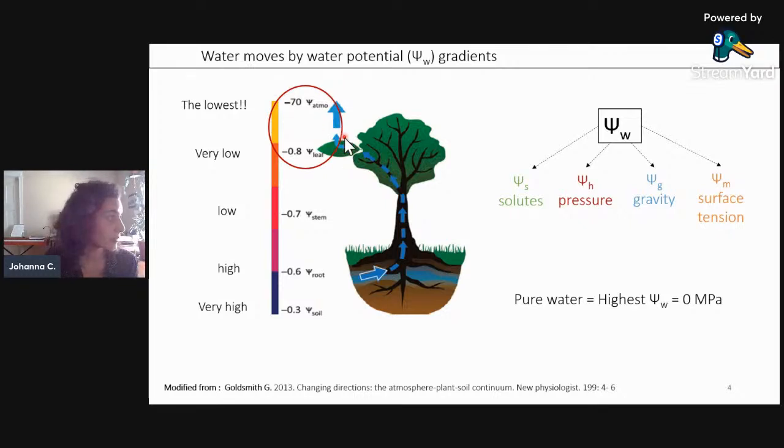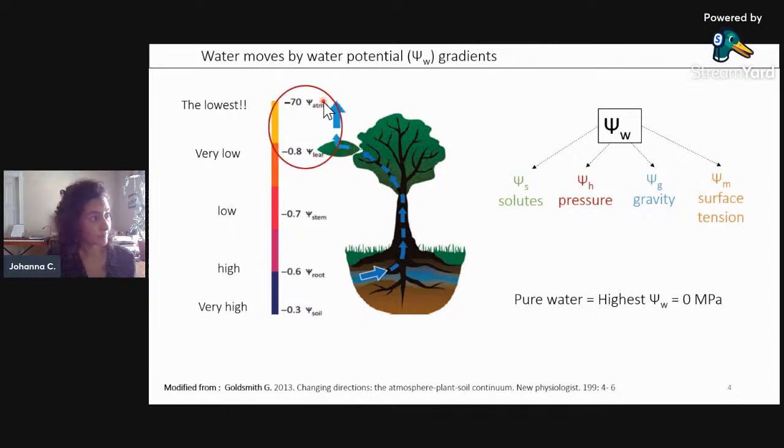And so as we notice, all the water molecules are attached to themselves. They form this water column that moves in a direction based on the order of these water potential gradients. So this very huge difference between the leaf and the atmosphere has to occur to be able to pull up the water in this direction.